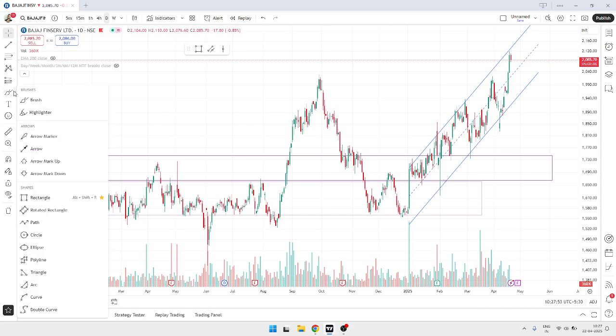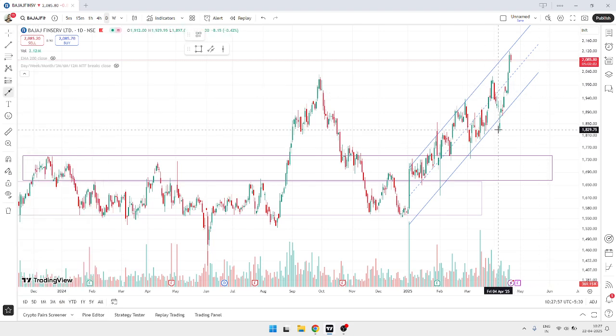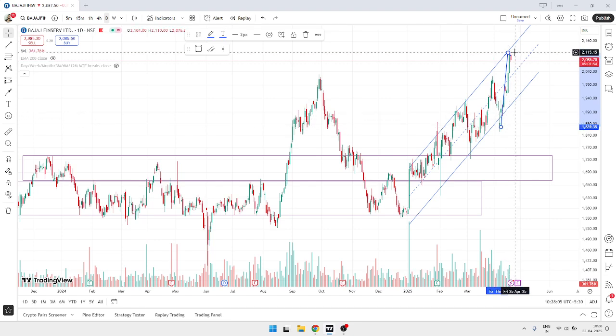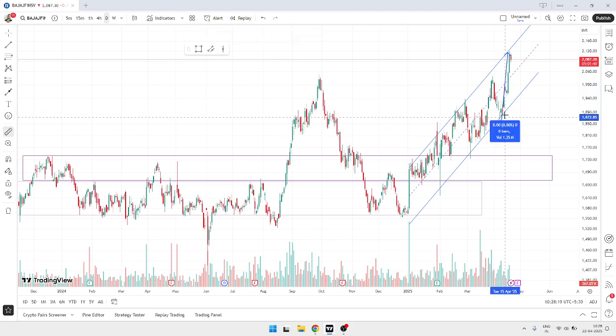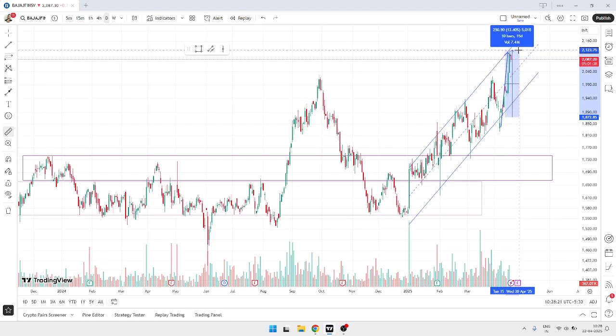Let me use the arrow. See, from here to here, how much is it? We can assume 1850 to 2100. It must be around 7 to 8%.